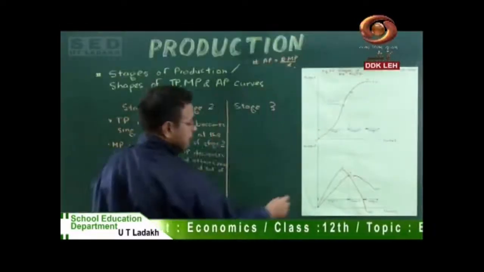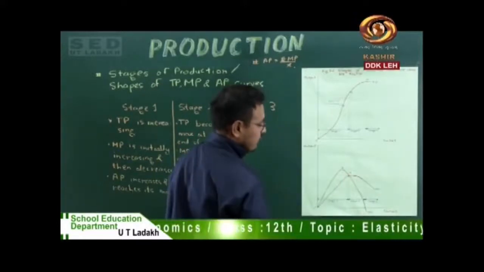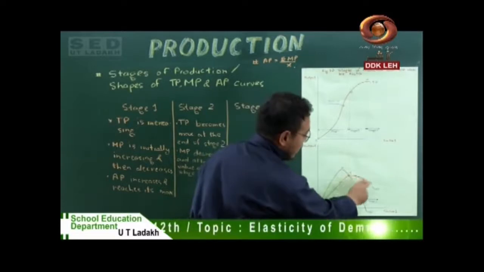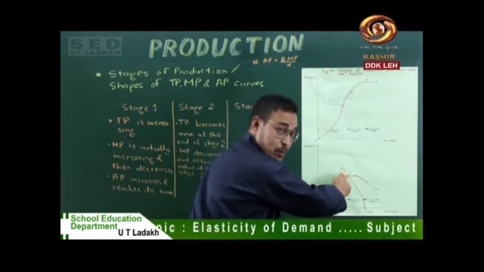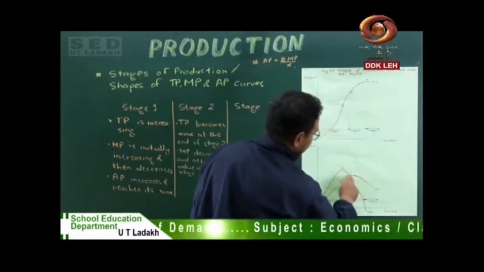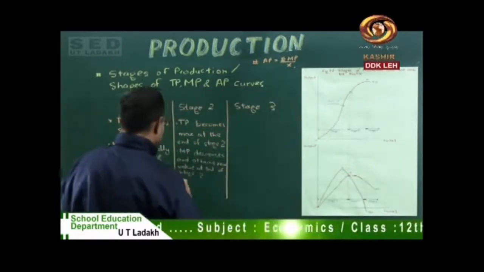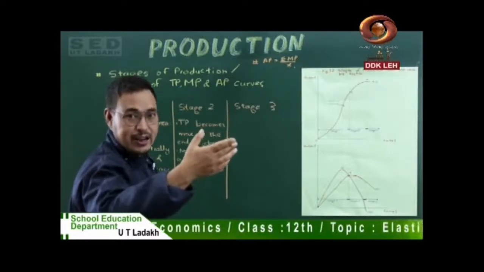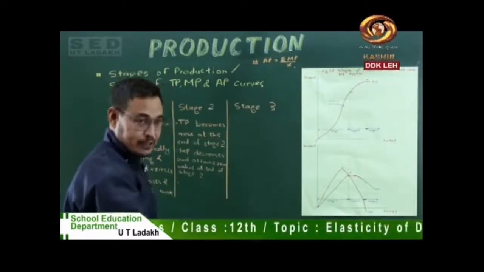Now as far as the average productivity curve is concerned, point S is also the point where AP reaches its maximum. From point S onwards it starts decreasing. So in stage 2, initially AP is at its maximum possible value, and after that it starts decreasing.